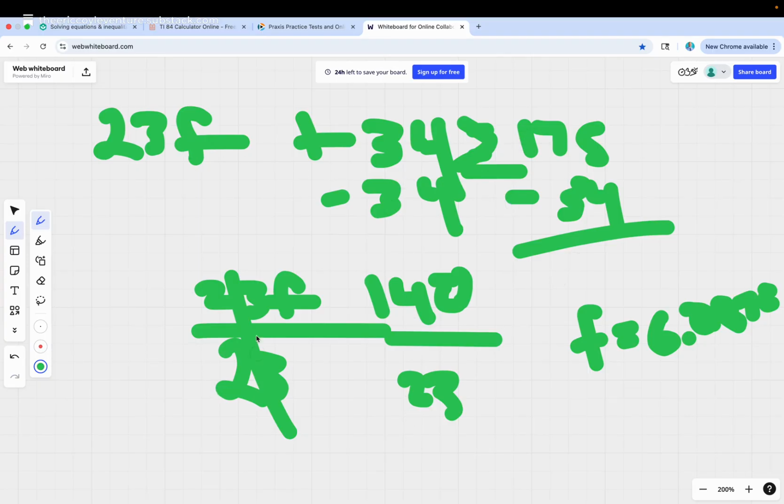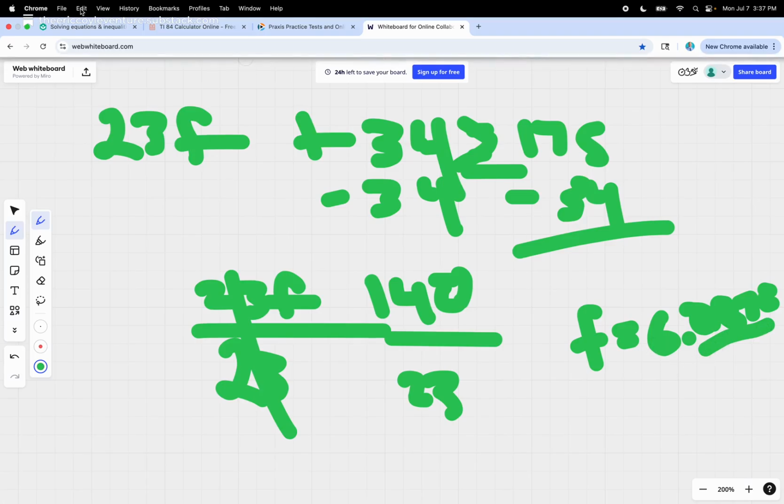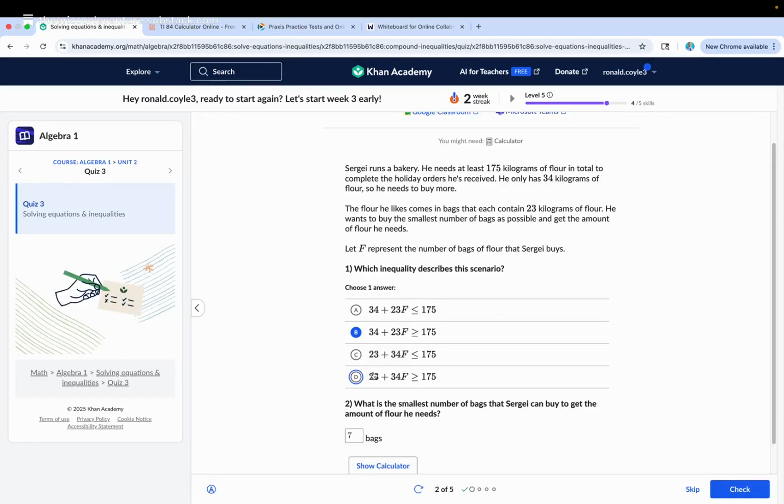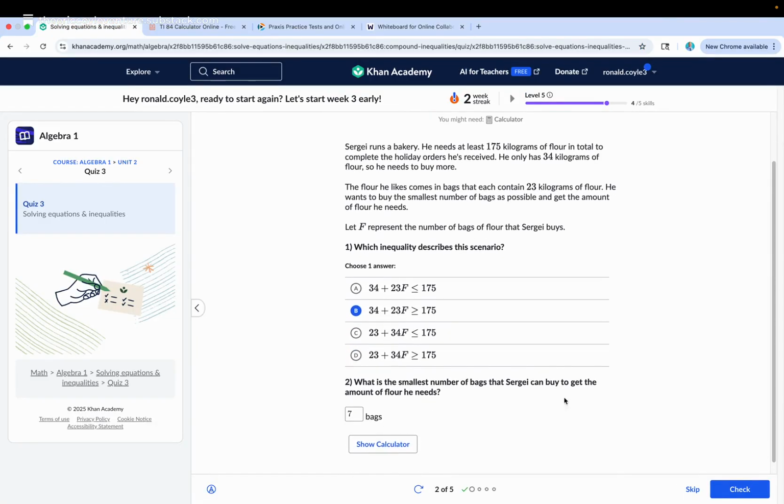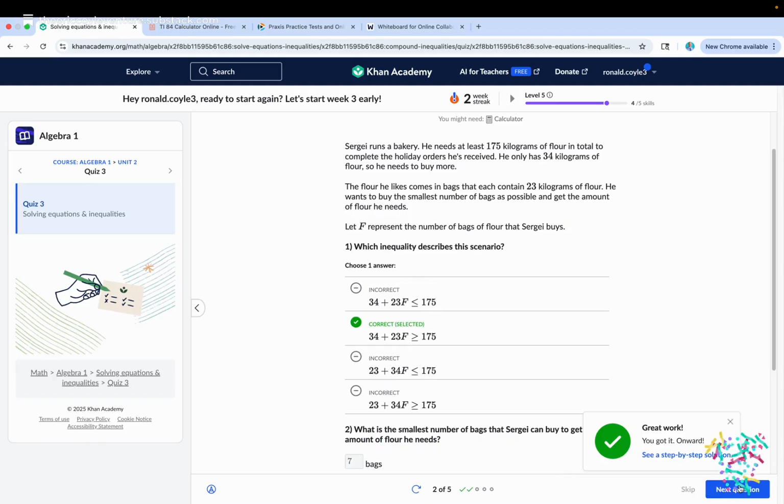Got it. So F is 6.0870, but you can't buy 0.0870 of flour, so that's got to be 7 bags. I'll have a little extra, but I'm going to go with this one. Let's see. Last one for at least this one. Yes, got it. Cool. The logic is there.